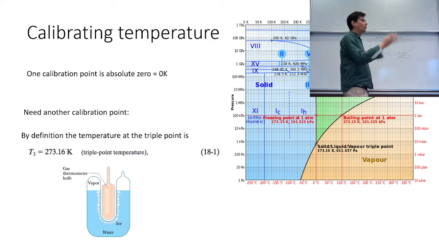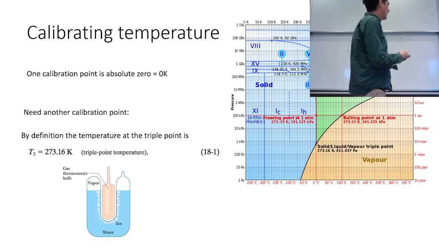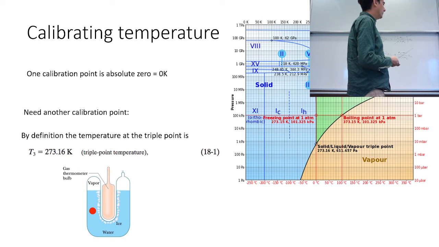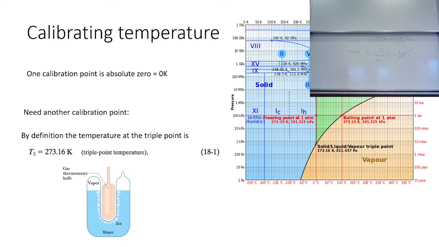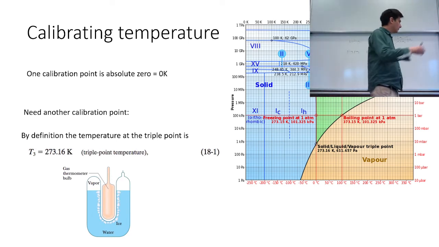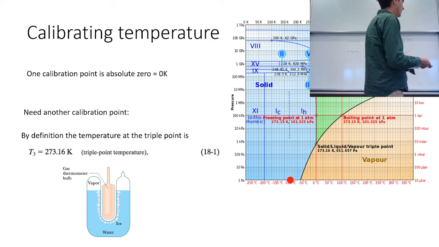You have to have pure water and stuff like that. What you might do is first get some kind of glass container, put water in it, and then adjust your temperature and pressure so that you get this triple point, right? You have to adjust the pressure, letting in the vapor, adjusting it so that you have exactly this condition: ice, vapor, and liquid water all at the same time.